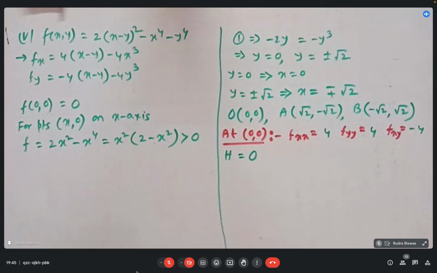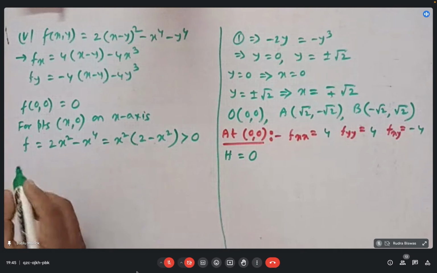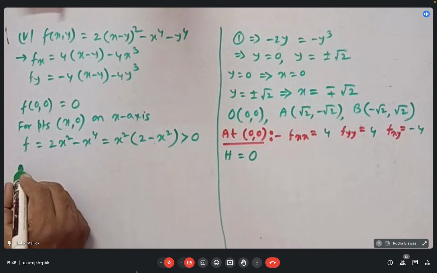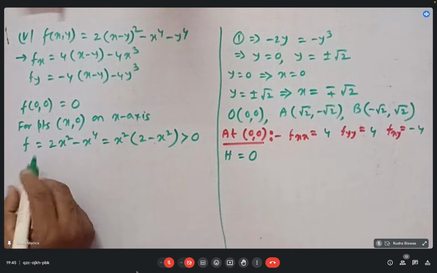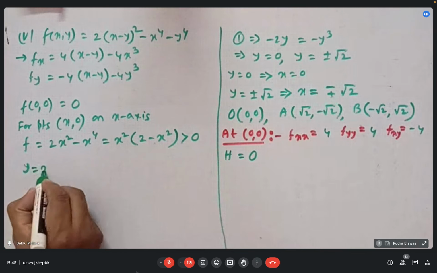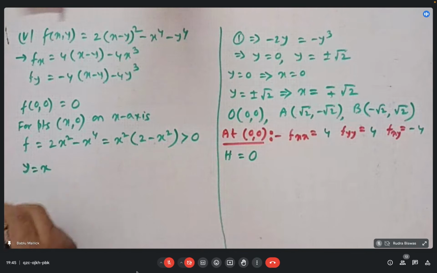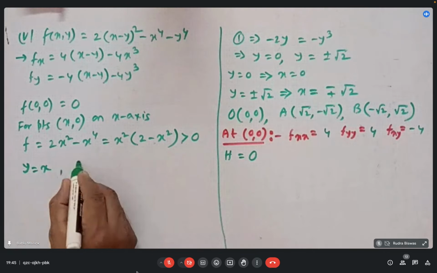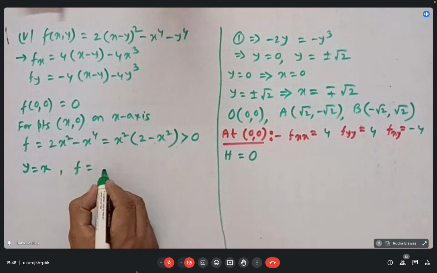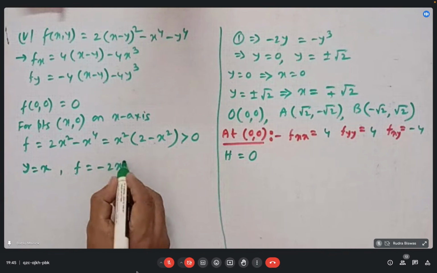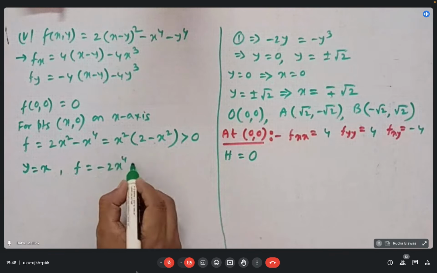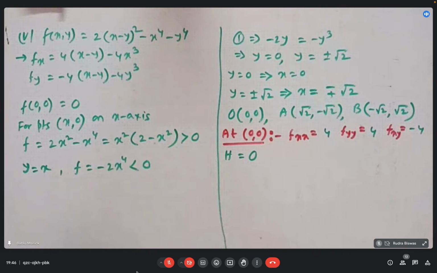But for the points along y is equal to x, f is equal to minus 2x to the power 4, it is less than 0.